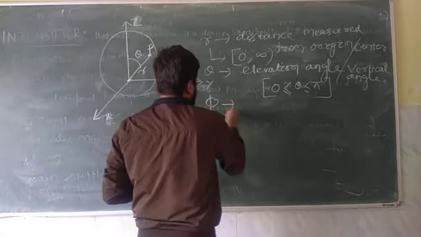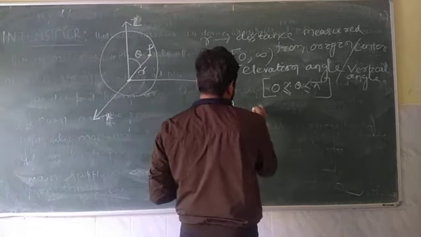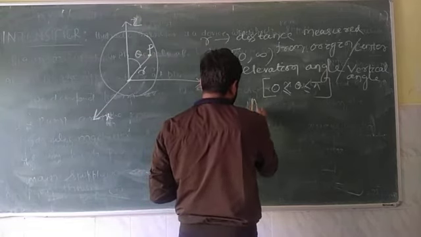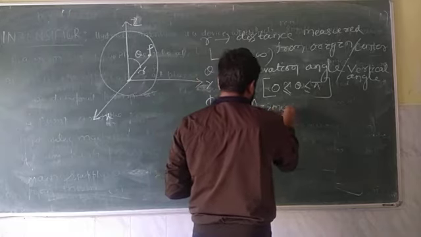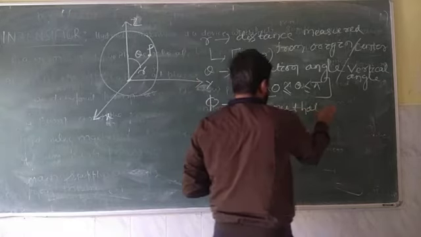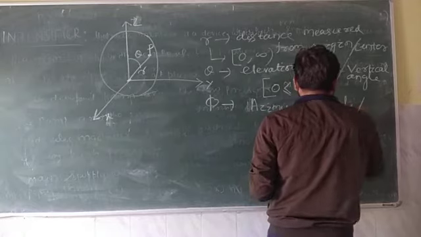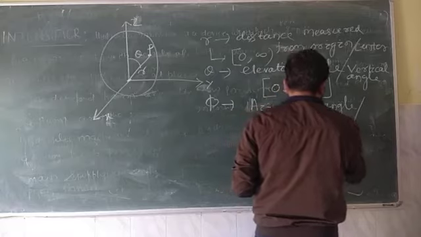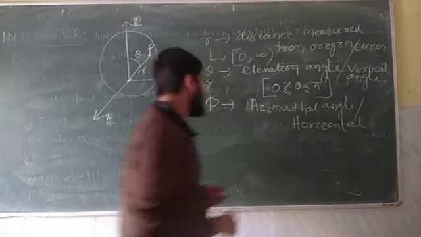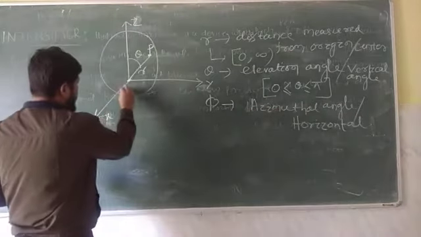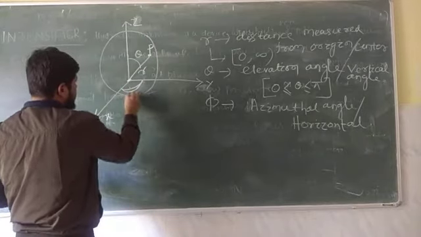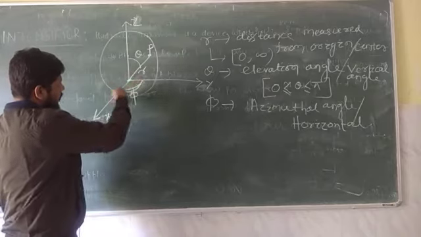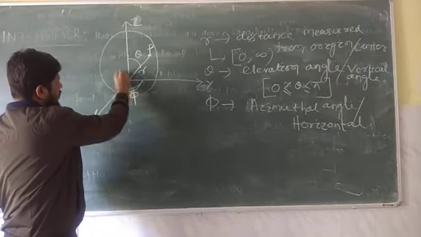Then we will have phi. Phi means your azimuthal angle or horizontal angle, and this can be shown here. This will form a circle. I can show it like this, but it will form a circle.